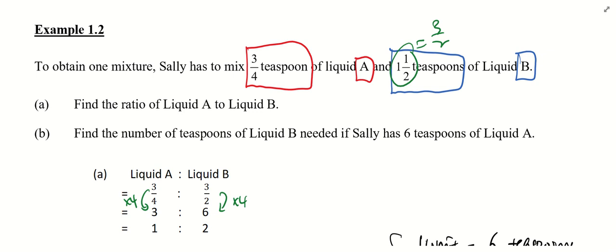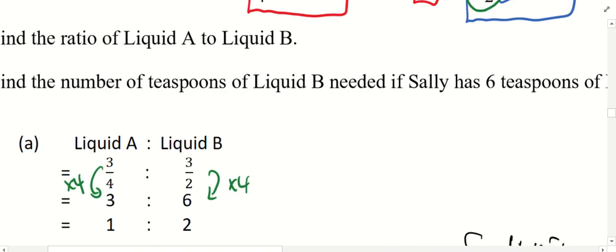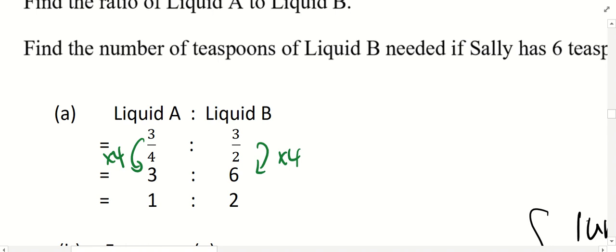So as I read the question, I will take notes by the side. Part A asks for the ratio of liquid A is to B. So I simply have to write it down because they are both in the units of teaspoons. I don't need to worry about units. There's no need to convert. So 3/4 is to 3/2.